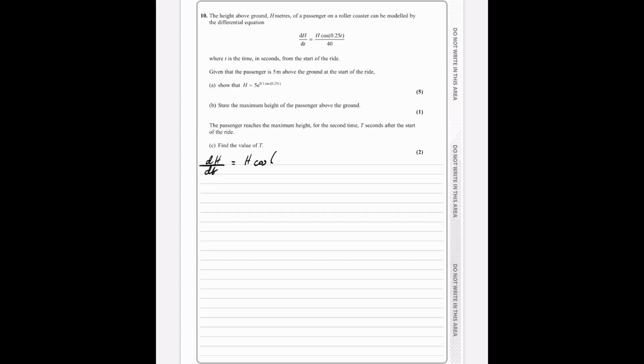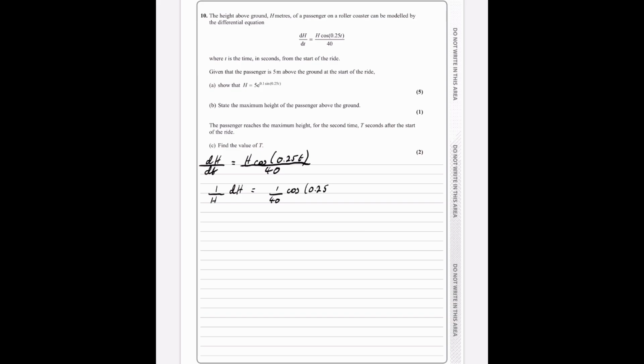To solve these, I'm going to separate the variables, separate the h's onto the left-hand side and leave the t part onto the right-hand side. So to do that, I'm going to divide both sides by h. So on the left-hand side, we'll have a 1 over h, and on the right-hand side, we'll have 1/40th of cos 0.25t. You can take the 1/40th outside the integral if you prefer.